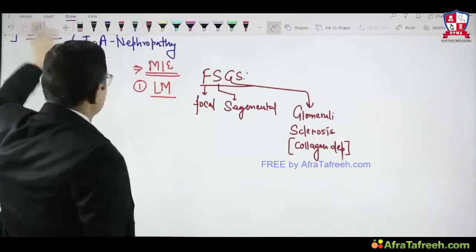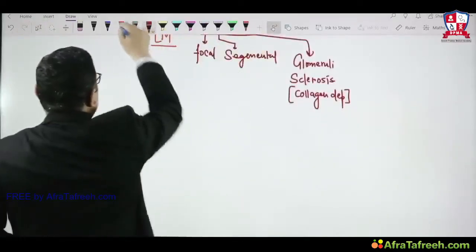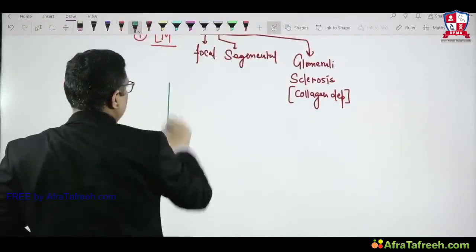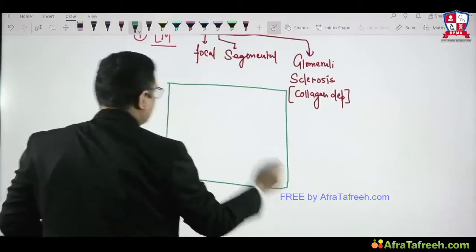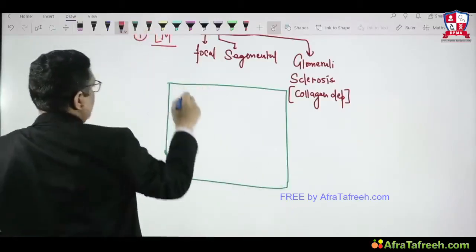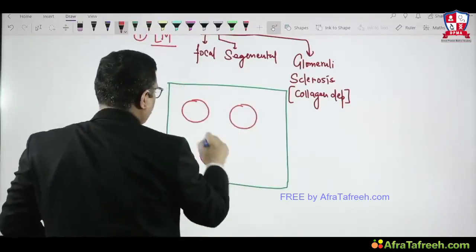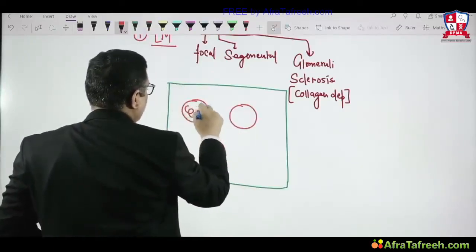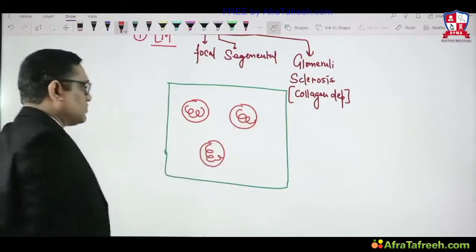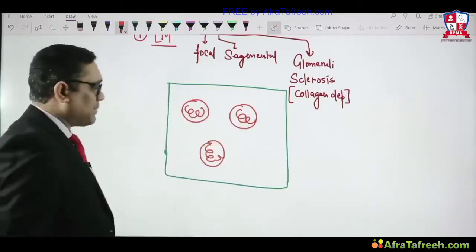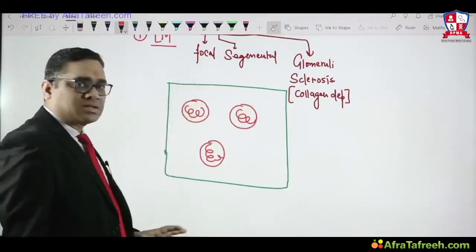What is the meaning of this? Now I will explain. Suppose you are seeing a renal biopsy, and I am showing you three glomeruli, the Bowman capsules containing glomerular capillaries. What I said was focal segmental glomerulosclerosis.